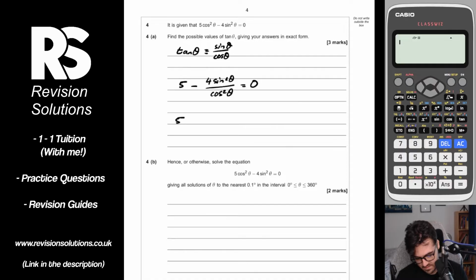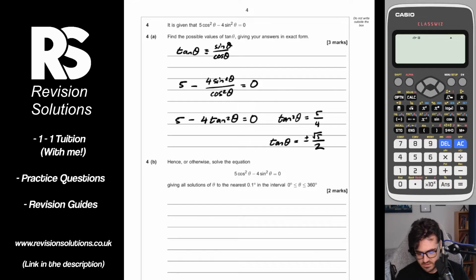So that would be 5 minus 4 tan squared theta equals 0. So then if we rearrange, we'd have tan squared theta equals 5 over 4. And then if we square root, we'd have tan theta is plus or minus root 5 over 2.